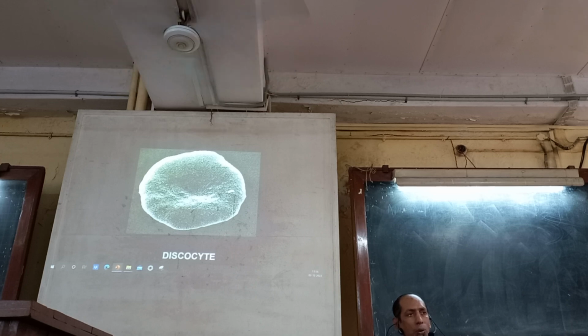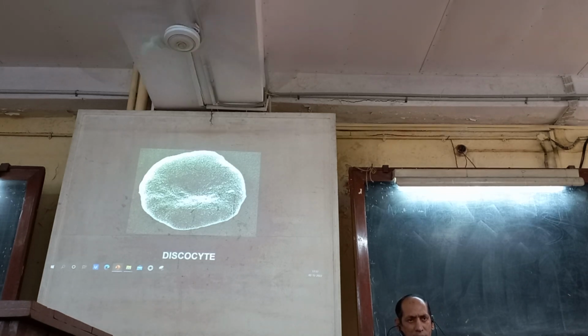Proper RBC biconcave disc has got a volume of 90 femtoliters, 90 into 10 raised to minus 15 liters volume. The diameter is between 7 to 8 microns, usually spoken as 7.2 microns.